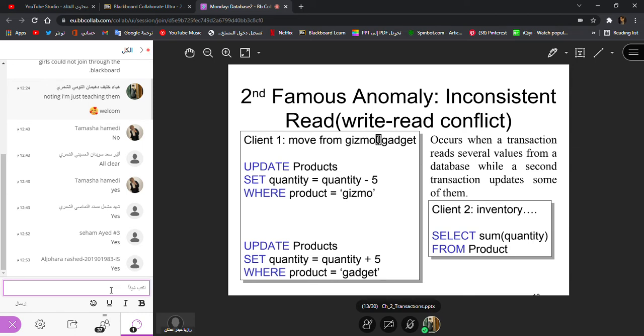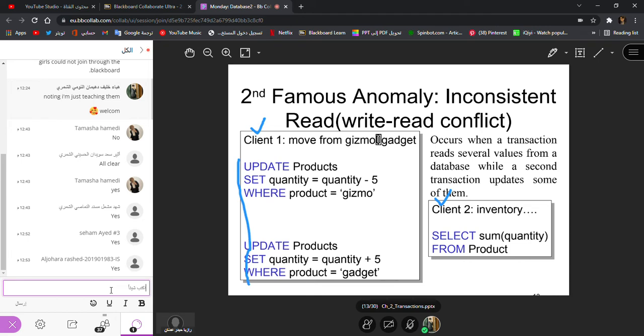User 1 is doing some operations or executing some transaction. Another user comes and tries to read some data from the incomplete transaction 1. This whole thing is transaction 1, and this is transaction 2.